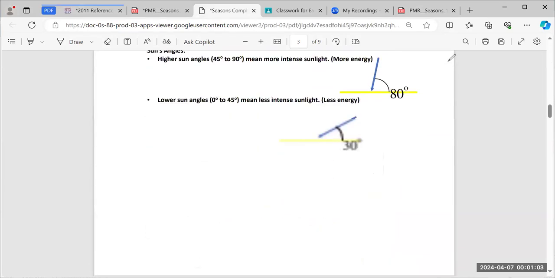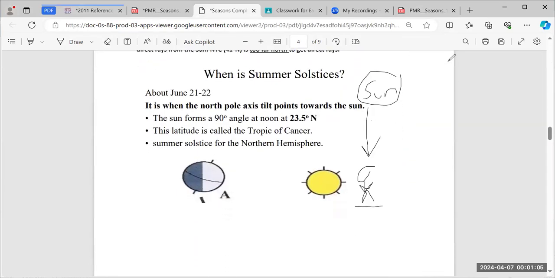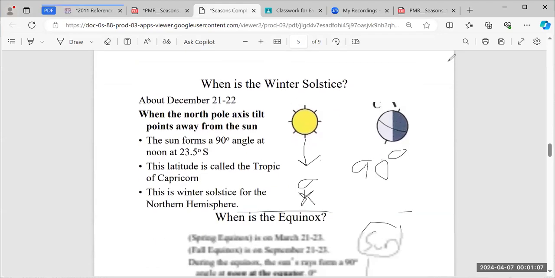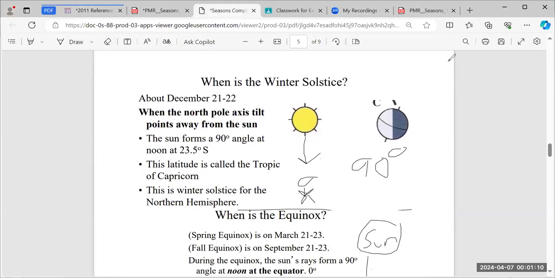What do I know about the winter solstice? Here we go. The winter solstice, about December 21st or 22nd, is when the North Pole axis tilt points away from the sun, and the sun forms a 90-degree angle at noon at the latitude 23.5 degrees south.